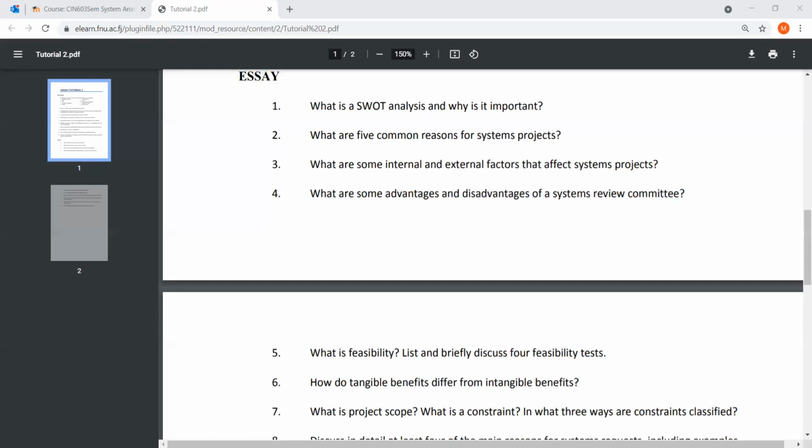And the last disadvantage that we have is domination by few. Put down a dash.